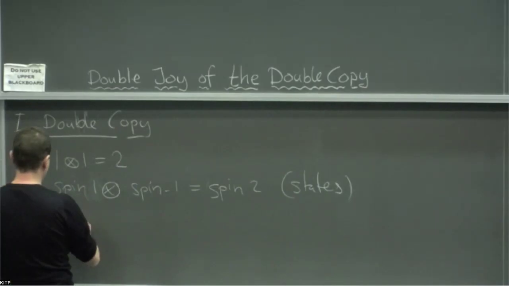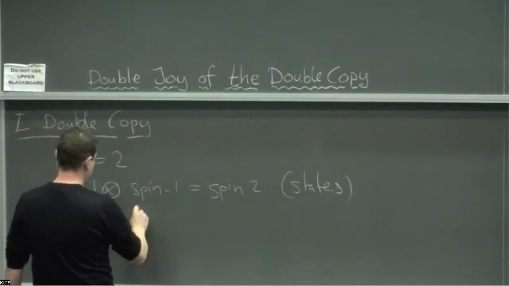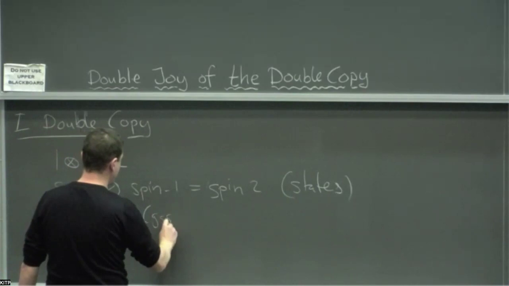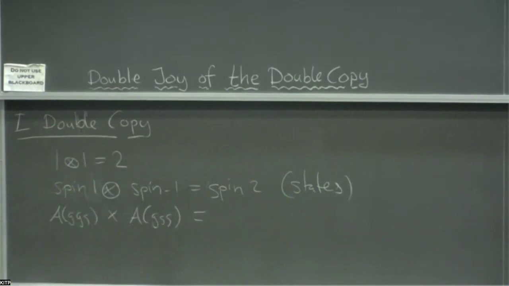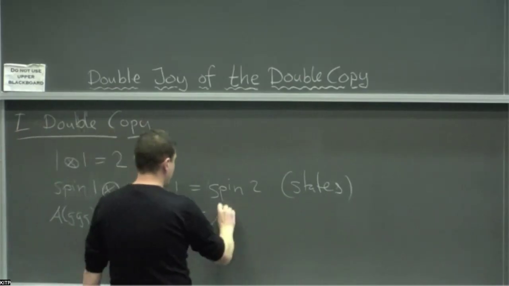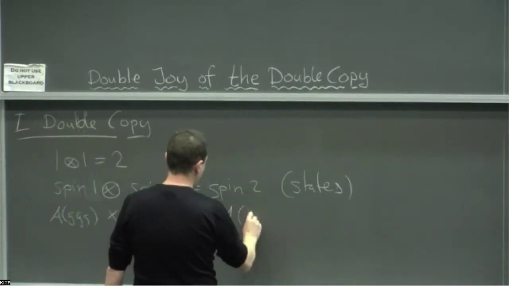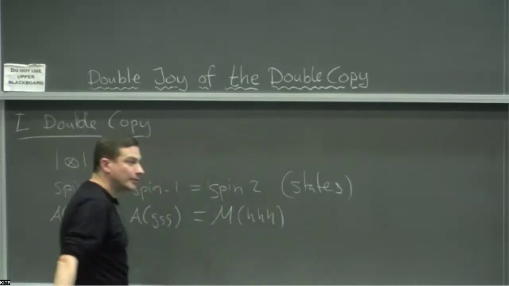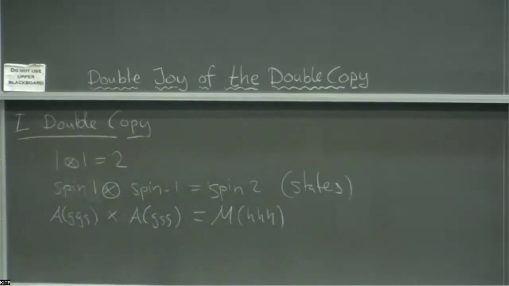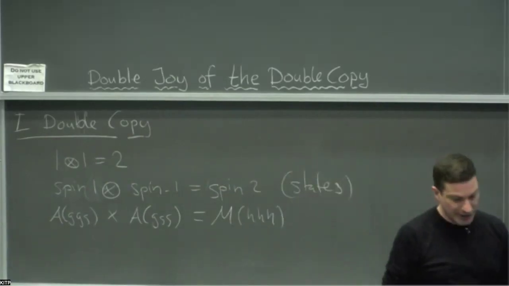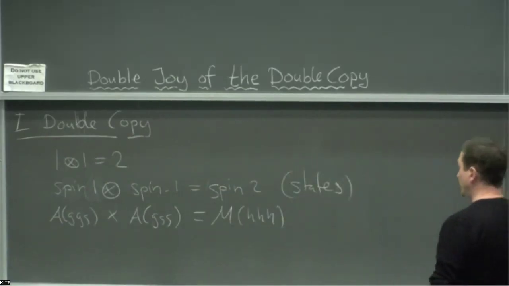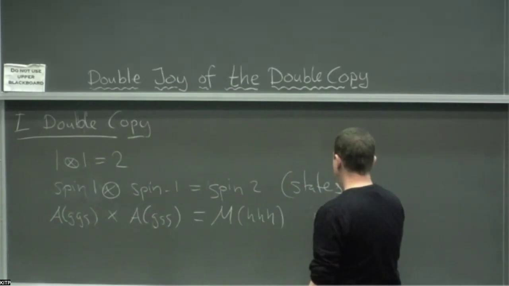If I take a 3 gluon amplitude and multiply it with another 3 gluon amplitude, and now it's a true multiplication rather than some tensor product, remarkably, you get a gravitational amplitude for 3 gravitons. I'm going to use A for gauge theory amplitudes and M for gravitational amplitudes to make it clear. So this is interactions.